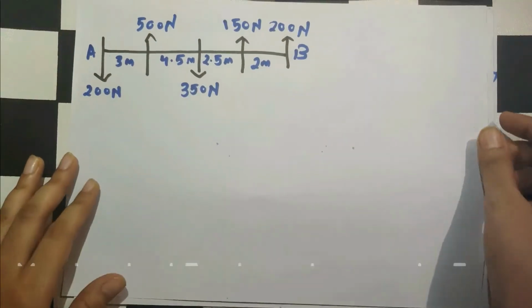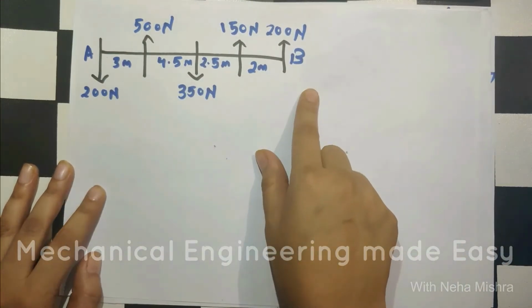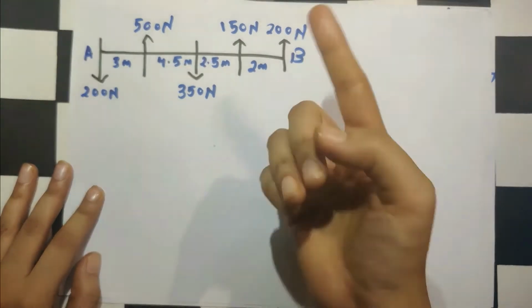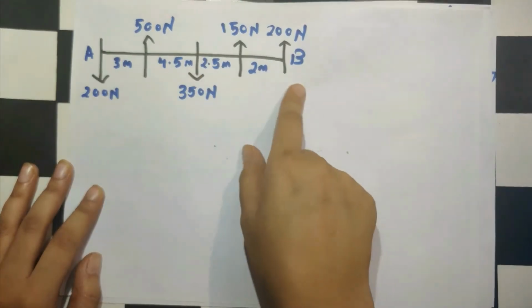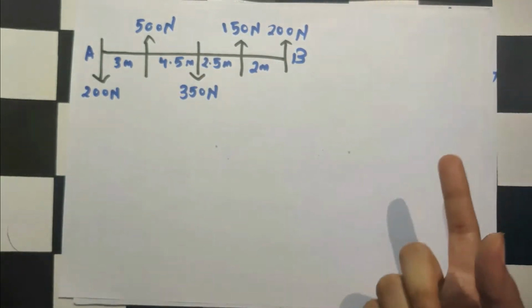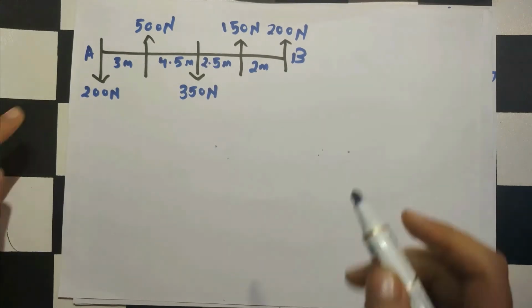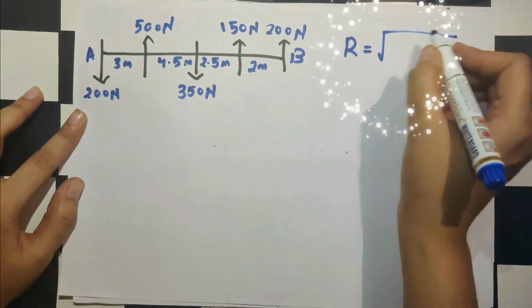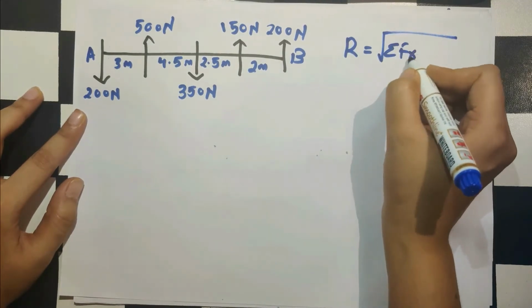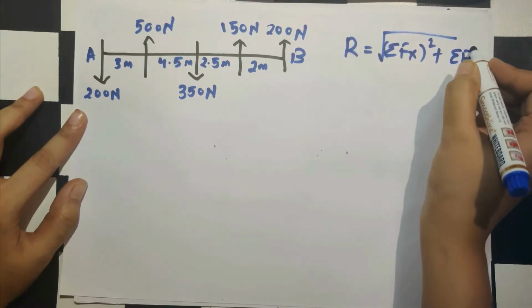So now let's start with our problem. Our first step will be to find the magnitude of the resultant. What will be that one force, and in which direction will it be, such that it will give the same effect as all of these forces? In the last video also, for the concurrent type of force system, we studied how to find R. What was the formula? It was the square root of summation Fx square plus summation Fy square.